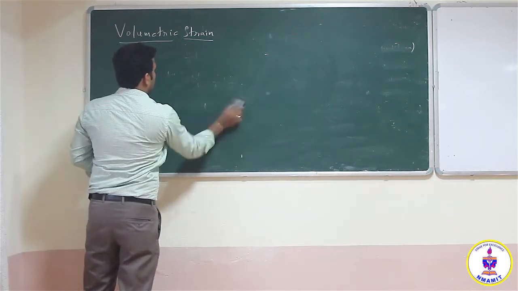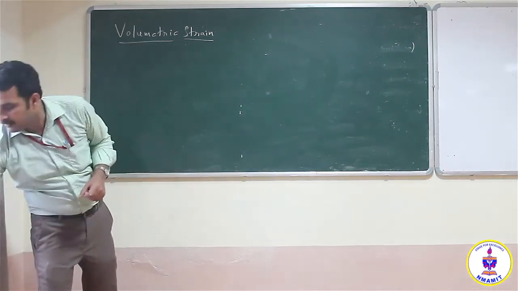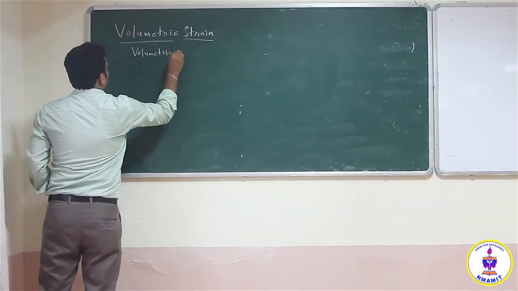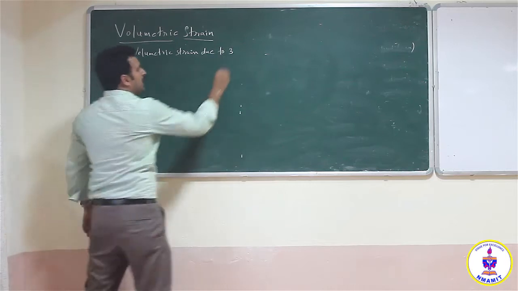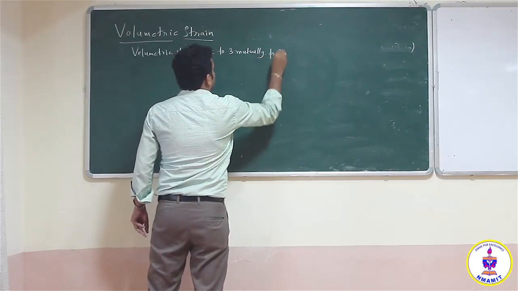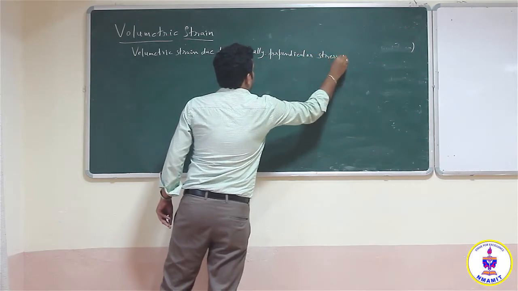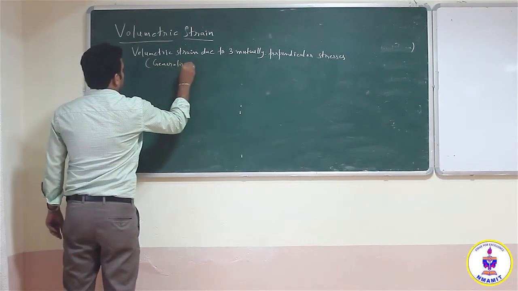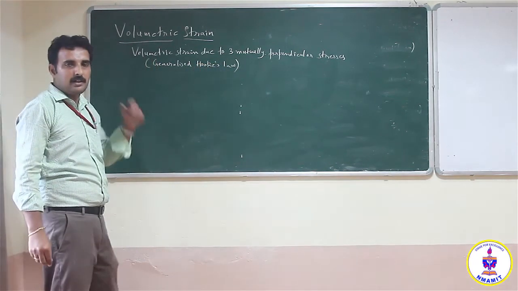So now we will move on. Expression for volumetric strain due to 3 mutually perpendicular stresses, which is also given by the generalized Hooke's law.